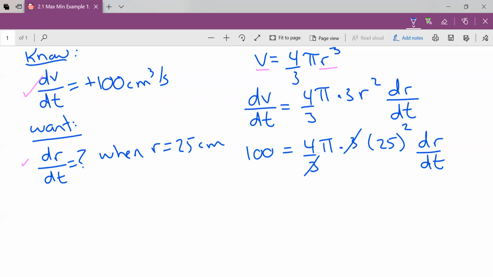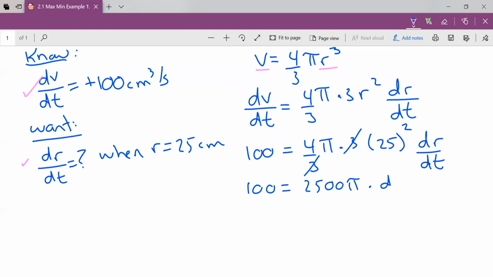Now, friends, all I've got to do is figure out what dr/dt is. I just have to rearrange at this point, right? So 100 is equal to 25 squared, which is 625, times 4. So that's 2,500, and I'm going to leave the pi there.